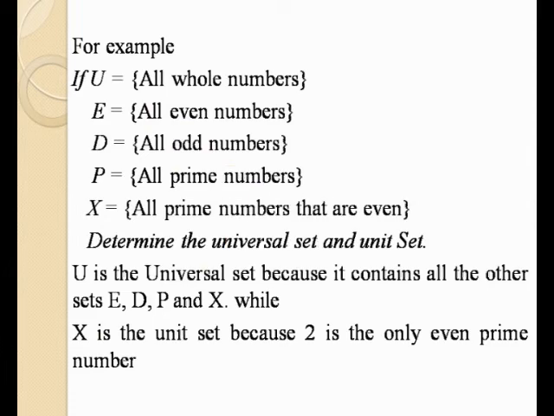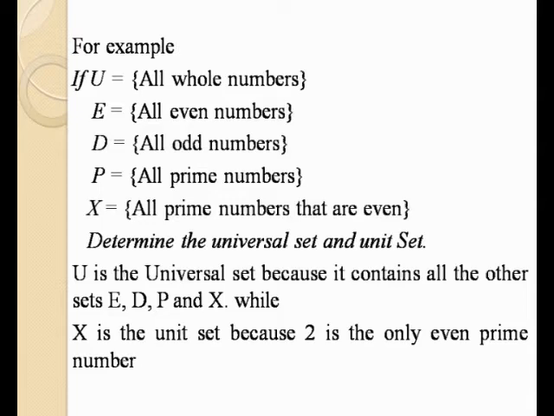For example, if U equals all whole numbers, E is equal to all even numbers, D is equal to all odd numbers, P is equal to all prime numbers, X is equal to all prime numbers that are even. Determine the universal set and unit sets.